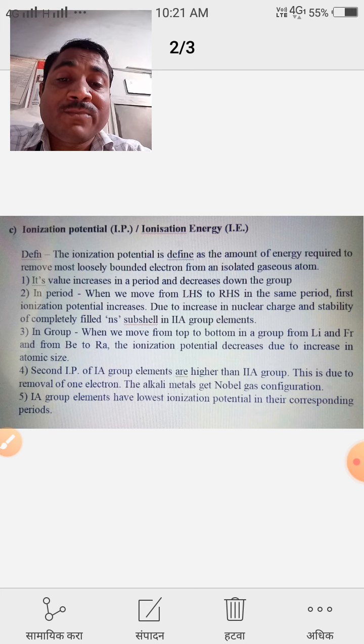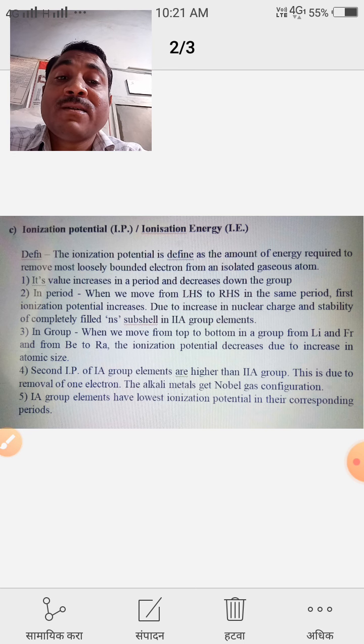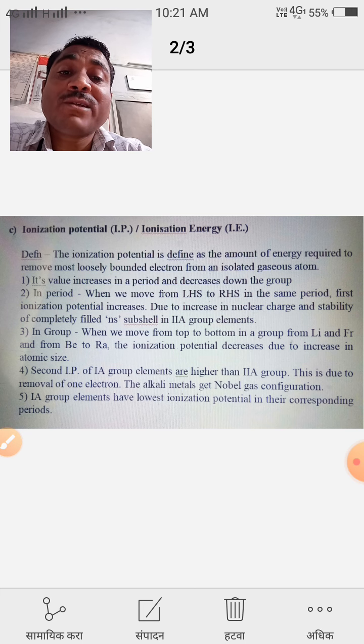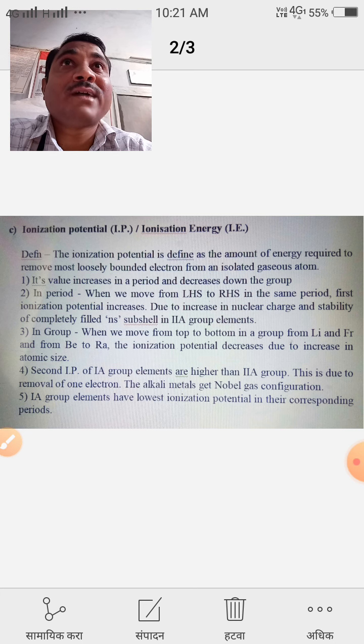In case of a group, when we move from top to bottom, that is from lithium to francium and from beryllium to radium, the ionization potential value decreases due to increase in atomic size. When we move from top to bottom in any group, the atomic size increases.